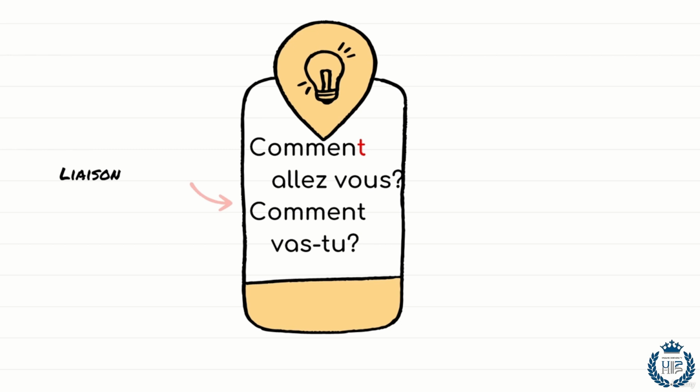Just like you see, comment allez-vous? Allez starts with a vowel, so we link these two. Liaison is the pronunciation of a linking consonant, which makes the pronunciation a bit better. But when we say comment vas-tu, there is no vowel or silent H, so we just read it as it is. Comment vas-tu?